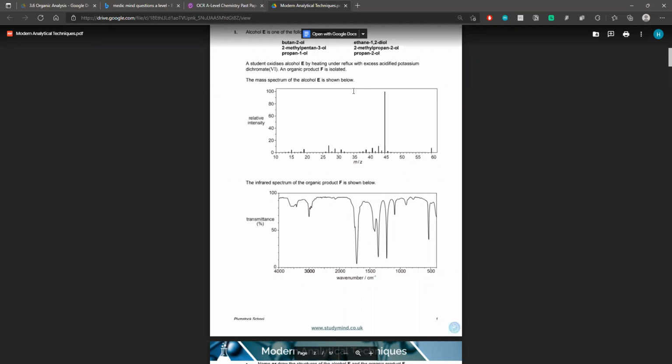Ketone, so are you saying F or E is the ketone? F, why?